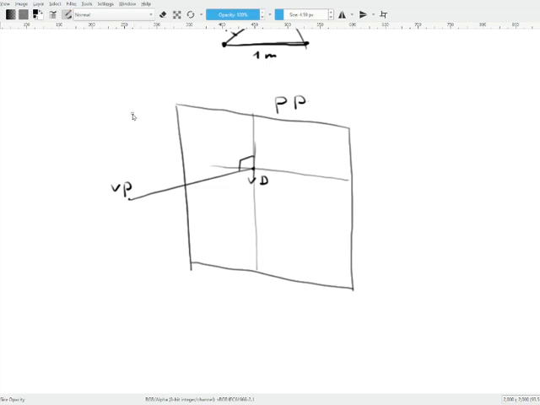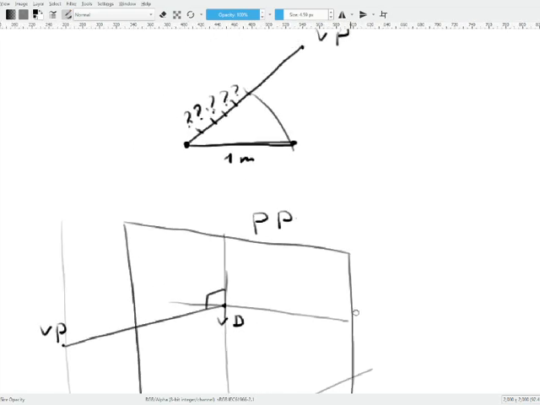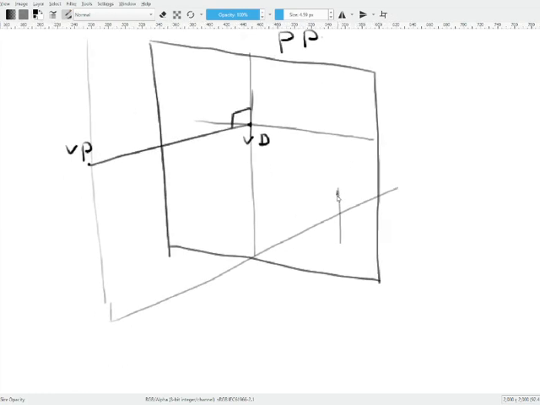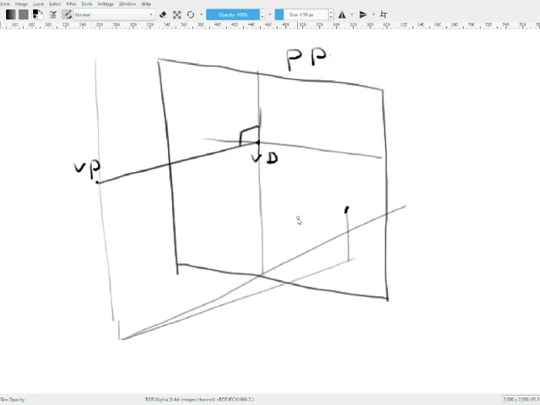And then we have some line, like here. Let's define the point of origin. And for example, it goes into this direction and goes slightly up. So we have this kind of line.